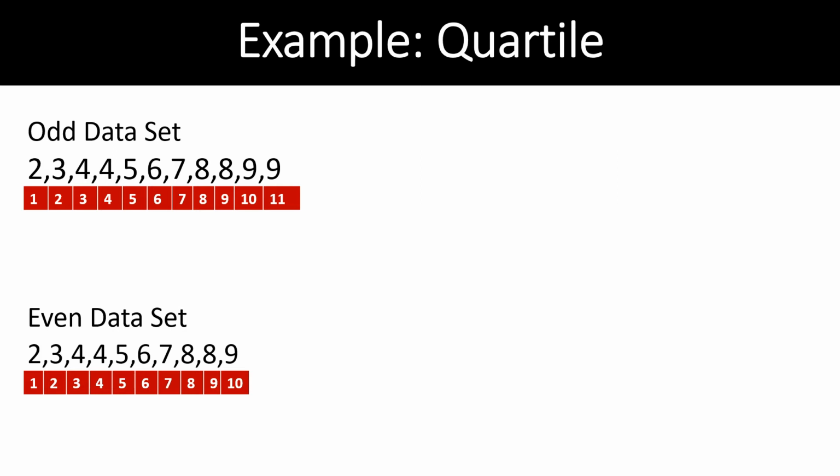Now there are two ways to calculate quartile. First is, as I have calculated median, this is same data set and median was 6. We have calculated median in this data set. It was 6. Now to split the data set through the median, this is first part and this is second part. Median of this data set will be Q1 and median of this data set will be Q3, because quartile divides the whole data set into four equal parts. So Q1 will be median of this data set and Q3 will be median of this data set.